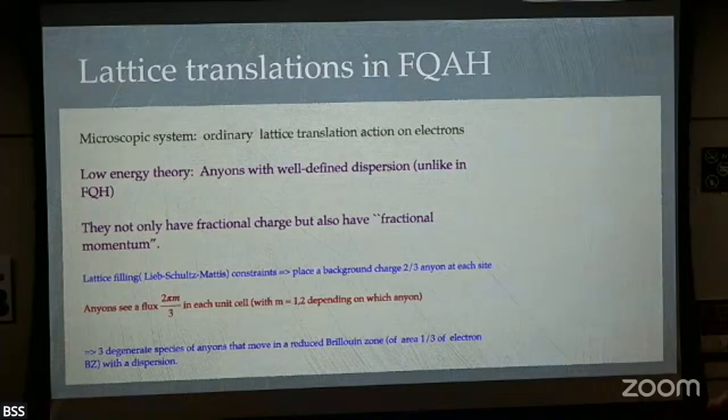On a 3x1 unit cell, the anyons will have a well-defined dispersion. But like in the Hofstadter problem, this means you'll have 3 degenerate species of anyons that move in a reduced Brillouin zone, each of area 1/3 that of the original electron Brillouin zone. So you have dispersing anyons that live in a reduced Brillouin zone with 3 species that have degenerate dispersions.